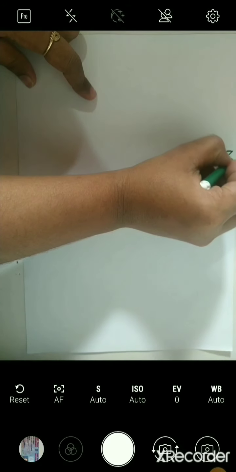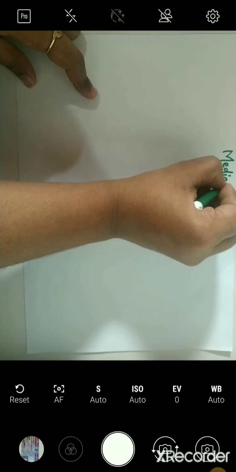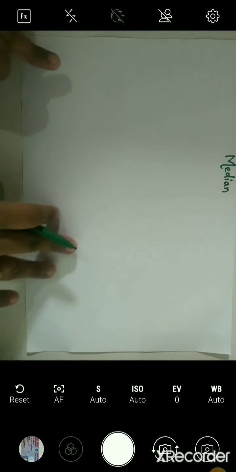I will first start with an acute angle triangle. So we will learn how to draw median of a triangle. So let's first draw a triangle. So here I am drawing a triangle.